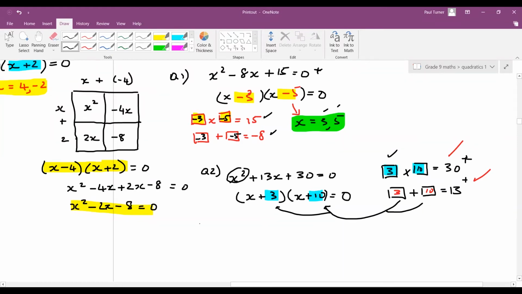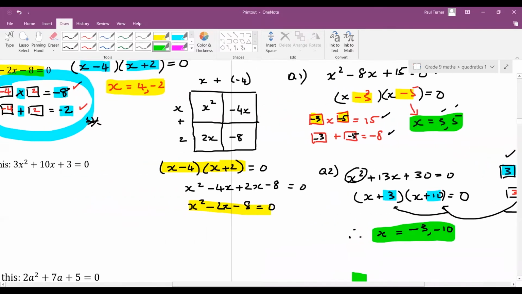Put them in there. And therefore, we know x is going to be -3, because -3 plus 3 is 0, and -10, because -10 plus 10 is also 0. So that's your final answer there. Okay, for that one there.